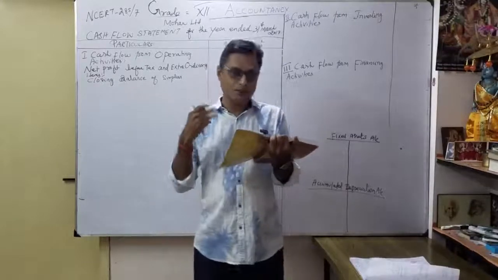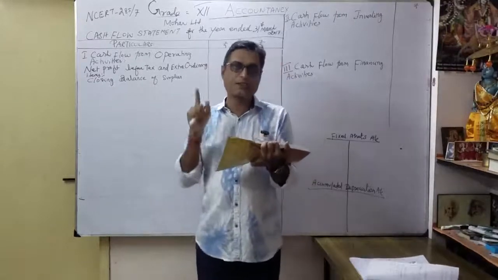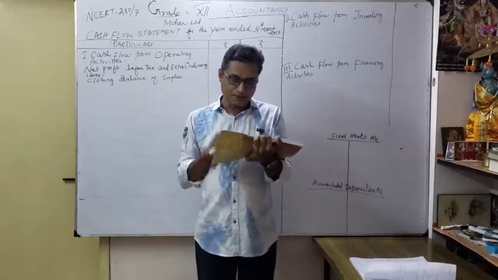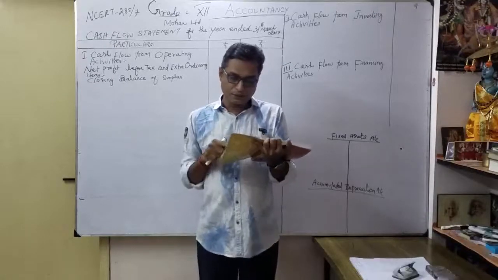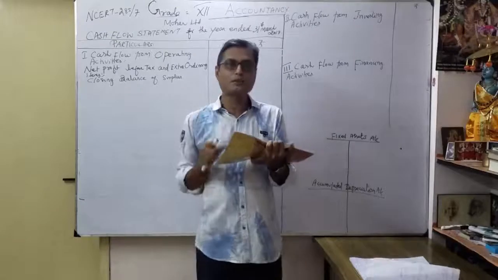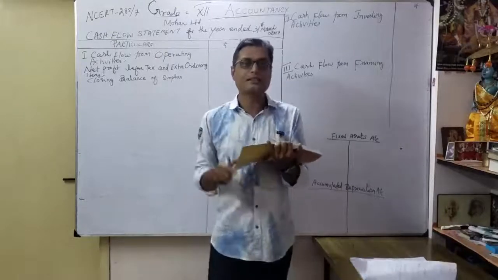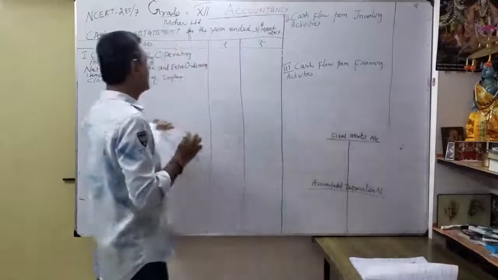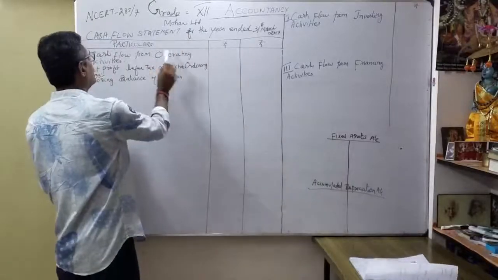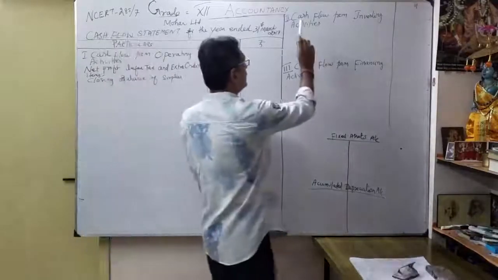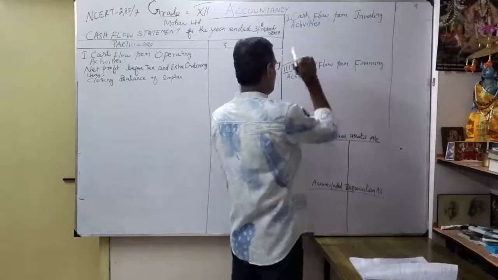Equity and liabilities. Shareholders' funds. Under that, equity share capital. They have given 2016 as 2 lakhs, and 2017 equity share capital as 3 lakhs. So we want to identify which activity it comes under: operating, investing or financing activities.